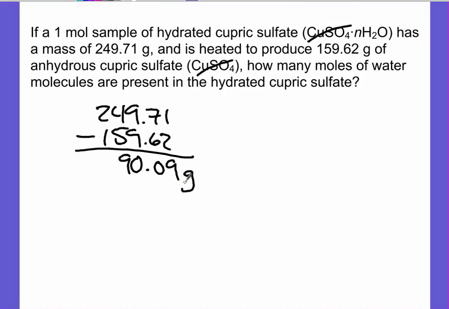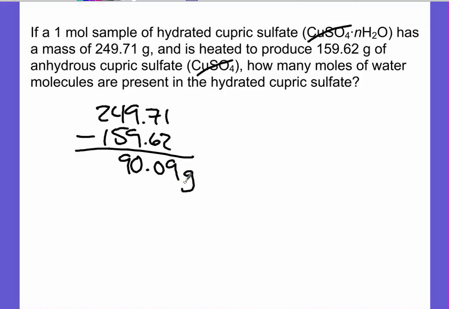And now what the question is really asking for is how many moles of water molecules are present in the hydrated cupric sulfate. So this N value here is a mole value. How many moles of water are there? How do I change grams into moles from before in these notes? You have to do the 6.022 thing, right? Railroad tracks.